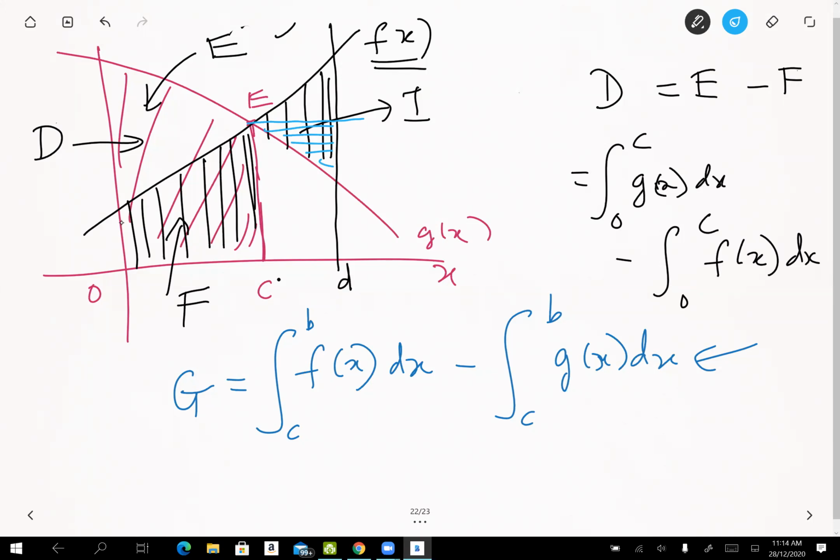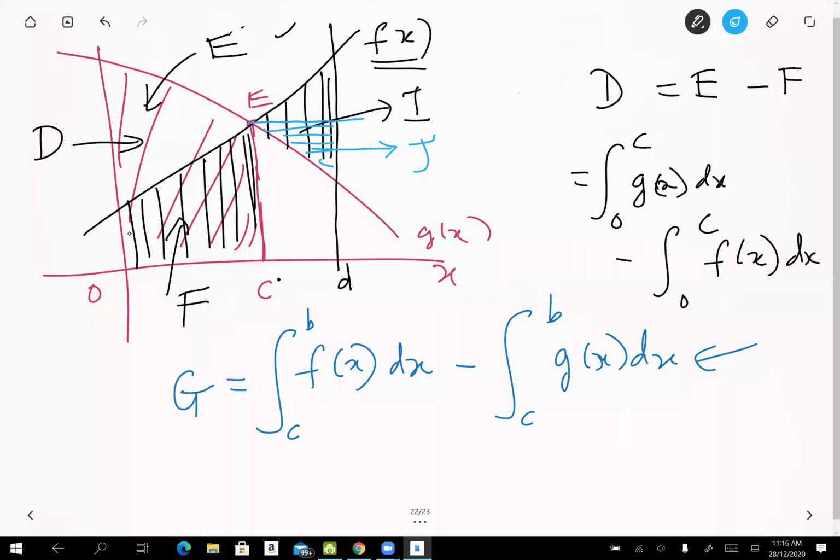A, B, C, D, E, F, G, H, I. Lepas I, J. Okay, I want to find the area J. In order for you to find the area J, what information do we need?